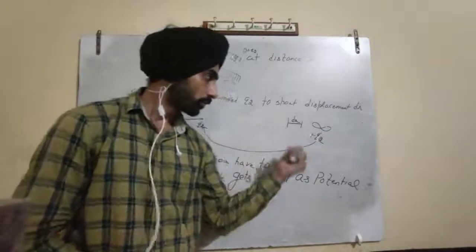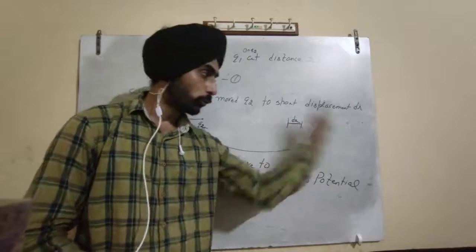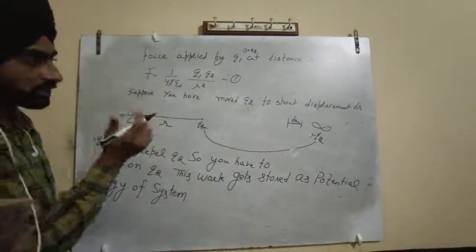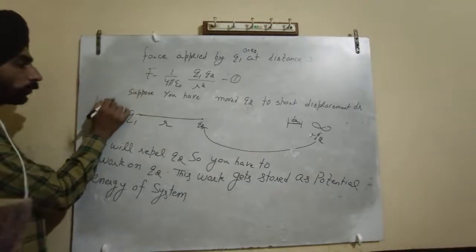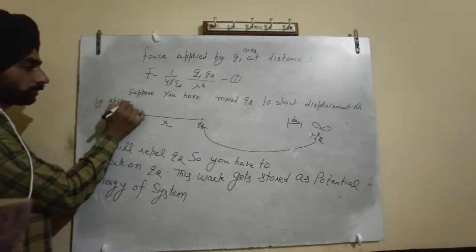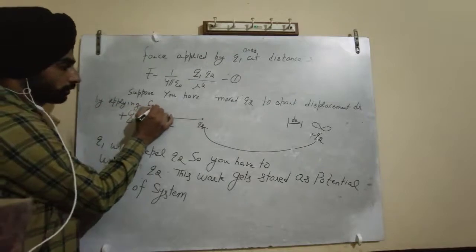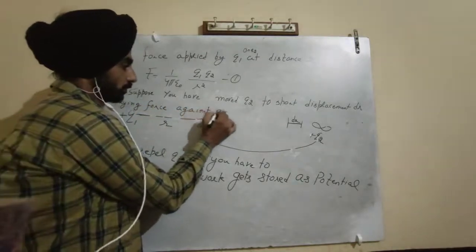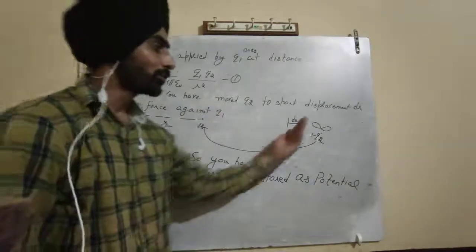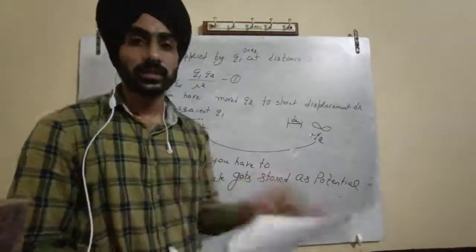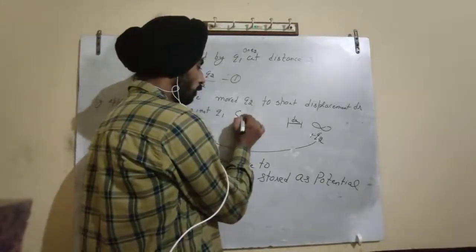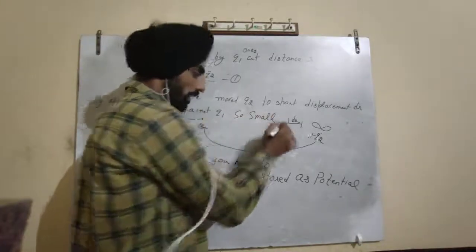When you apply force, it has moved, suppose dr. Suppose you have moved Q2 a short distance dr by applying force against Q1. If you have moved a small distance, that means you have done a small work. So a small work has been done.